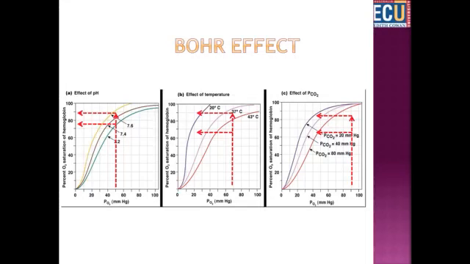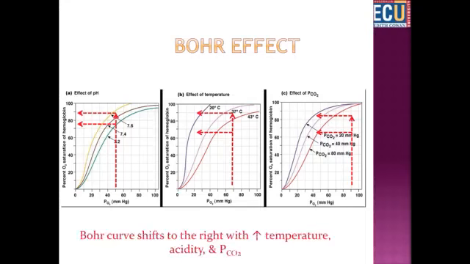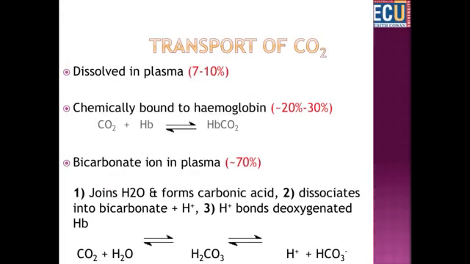It's a little bit intimidating at first, but if you just follow the curve, follow the numbers, I'm sure you'll be able to work it out. We spent a lot of time on this in the lecture, so I'm not going to spend much time explaining this process again. Essentially, the Bohr curve shifts to the right when there's an increase in temperature, an increase in acidity, and a change in the partial pressure of carbon dioxide.